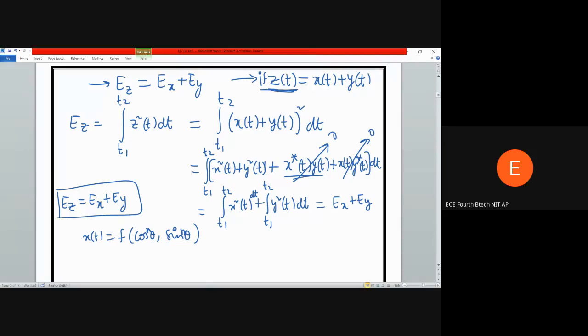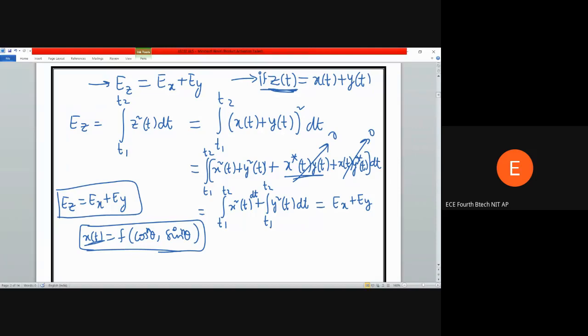That means if you would like to calculate the energy of the signal x of t, it will be very good if you calculate the energy of each and every orthogonal component that helps you represent the signal x of t. Because the Fourier series representation is the same as representing a vector in free space in its unit vectors, that is the x direction, y direction, and z direction. There is nothing new over here.